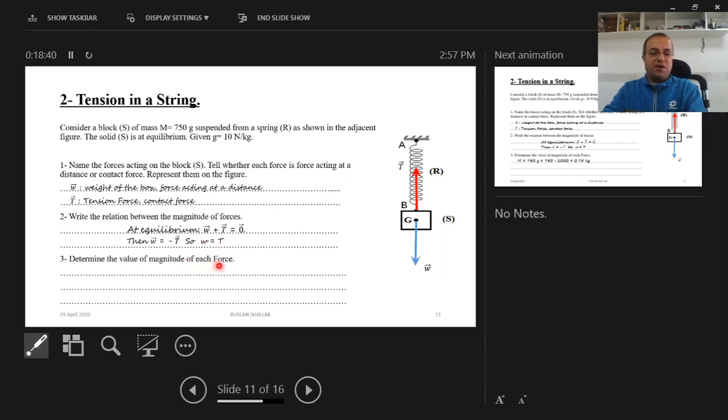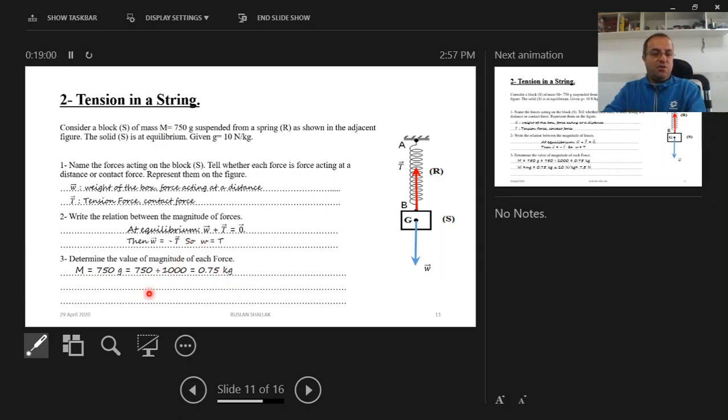Determine the value of the magnitude of each force. We say here that W equals T equals mass times gravity, but mass should be converted to kilograms. Mass equals 750 grams equals 750 over 1000 equals 0.75 kilograms.